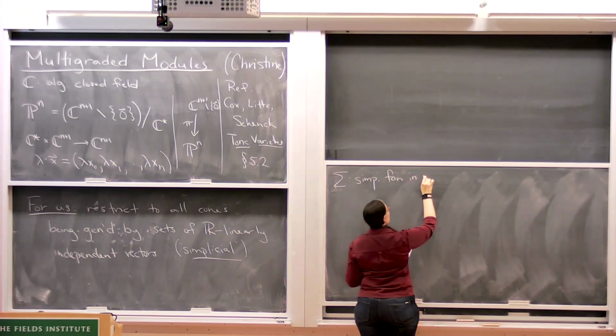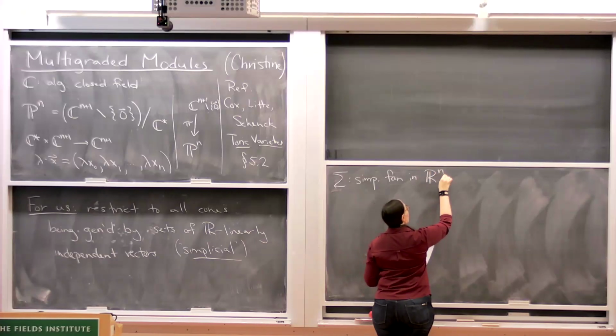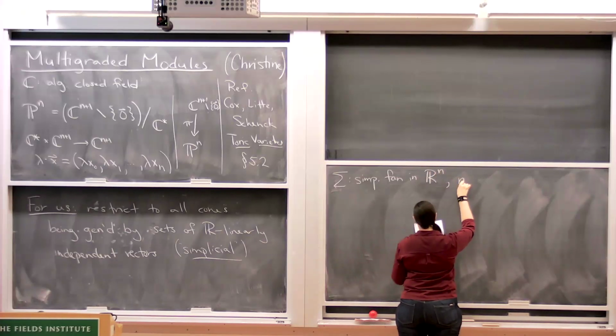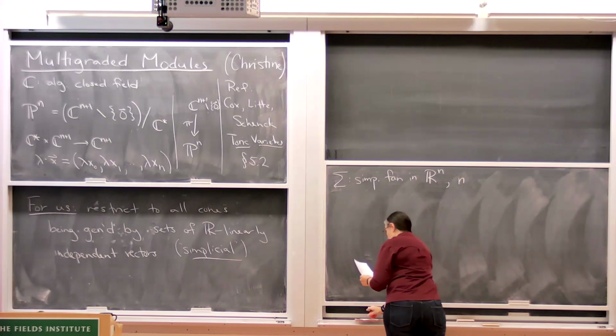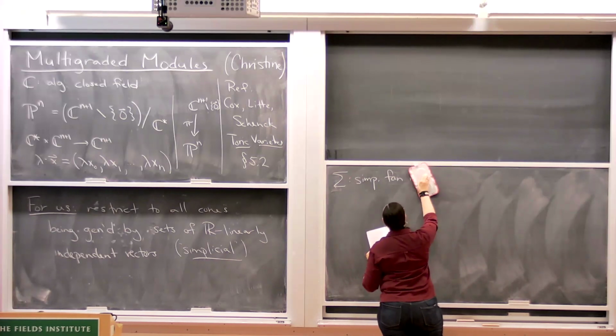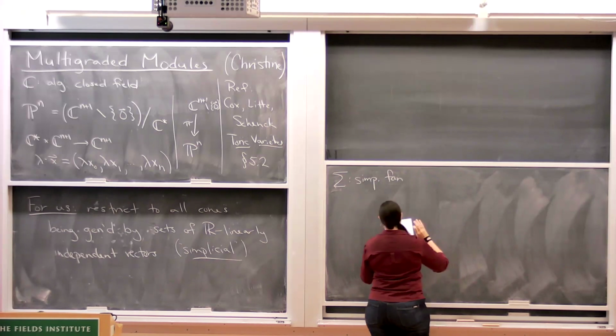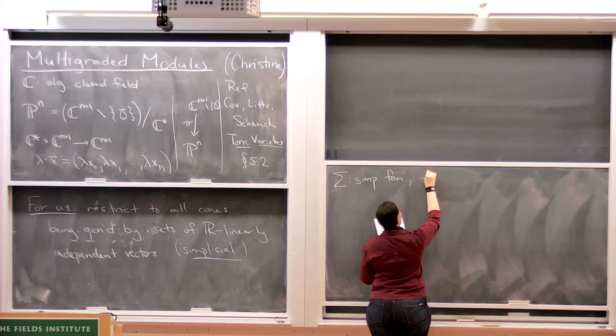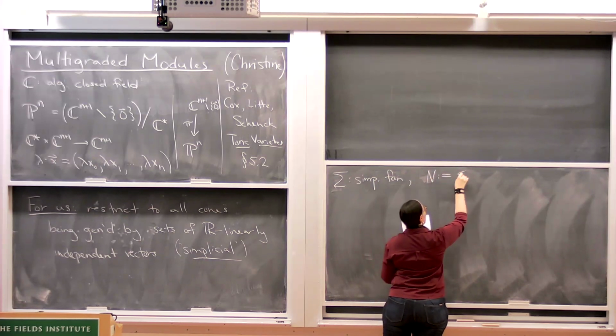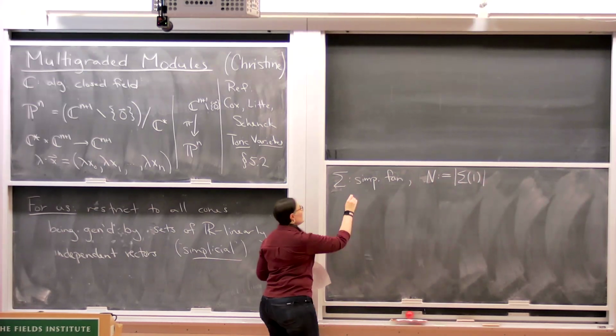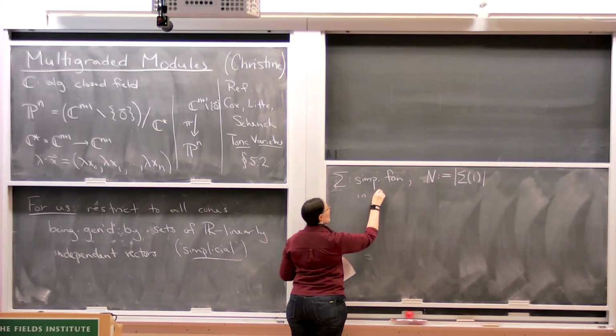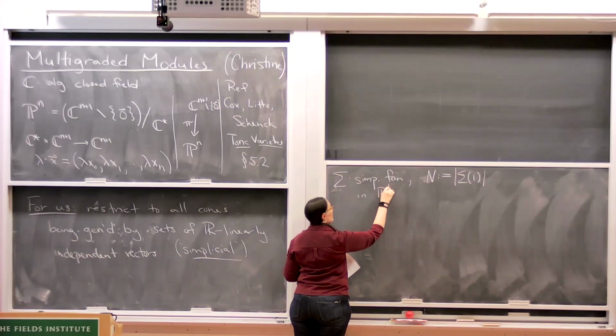It's going to be in R^n, oh sorry, it can be in R anything. The important thing is I'm going to set capital N to be the number of rays. So this is in some R to the something.